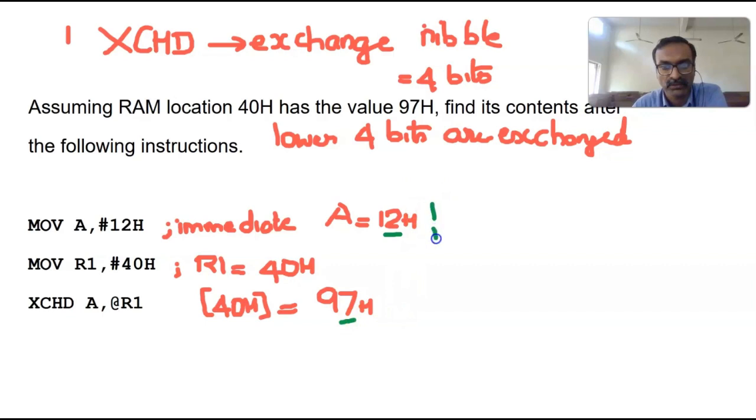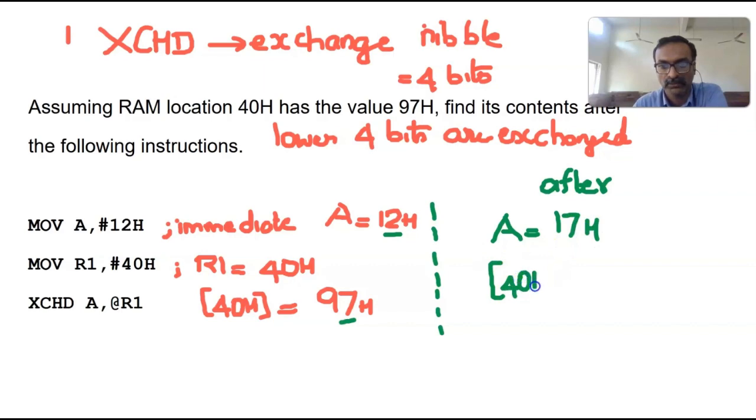So after the execution of the program, what we can find is A will have the value 17H and the memory location 40H will have the value 92H. So only the lower 4 bits are exchanged in XCHD.